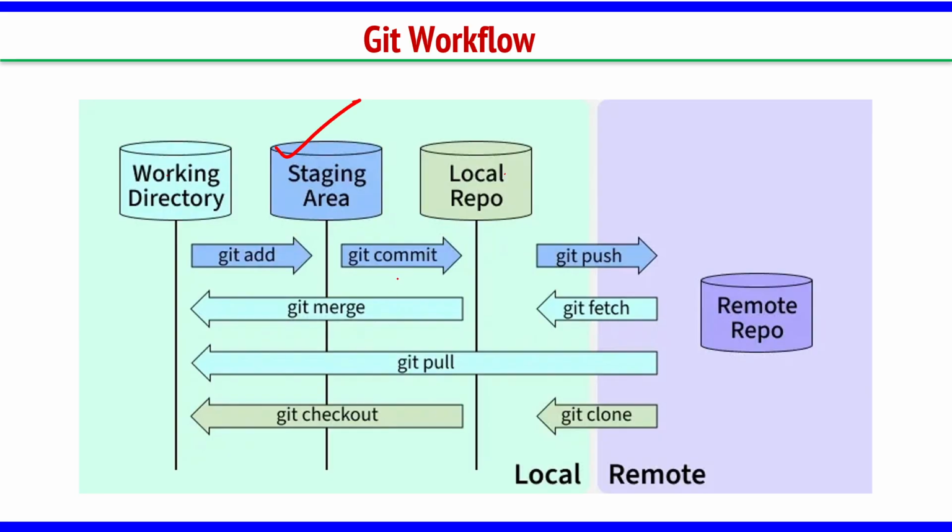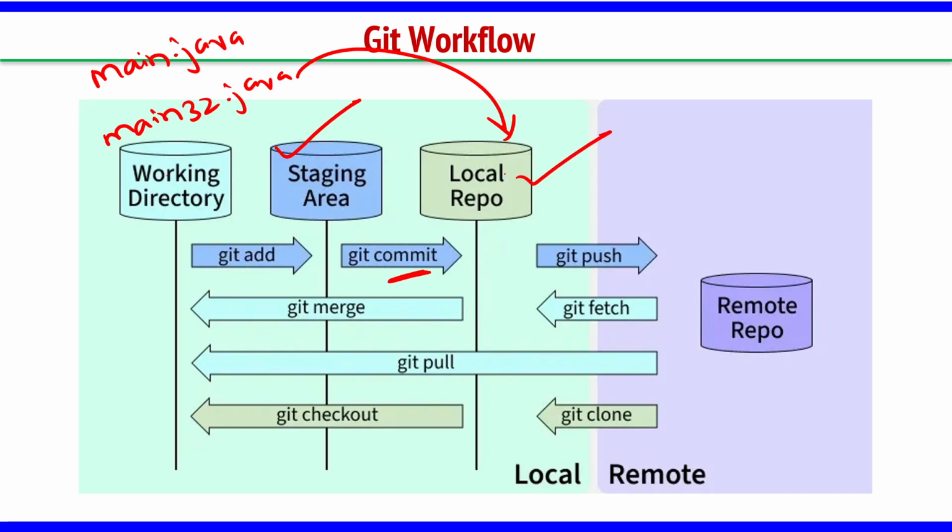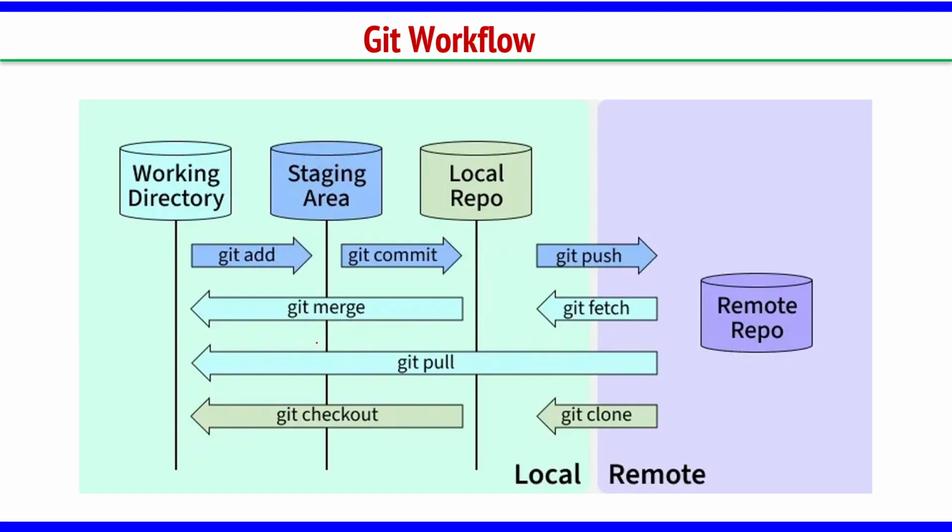Say you wrote one main.java program, you modified it, and finally you had main32.java. This modified version 32 is the final code that will be updated here. Permanently it will be stored in the local repository. So we use git commit. Then there is something called the remote repository. What is this remote repository?